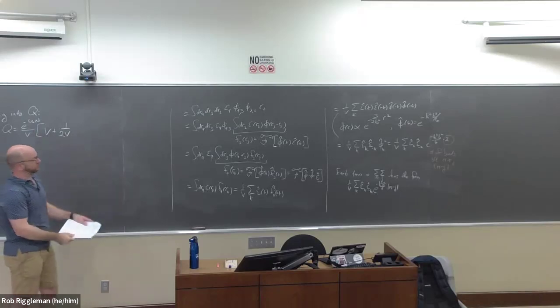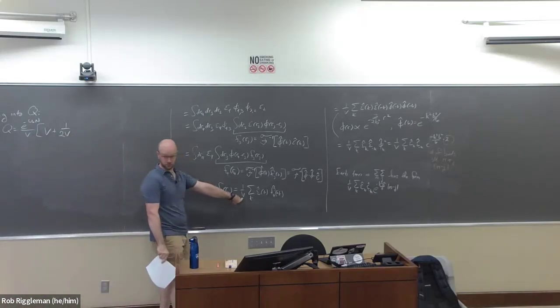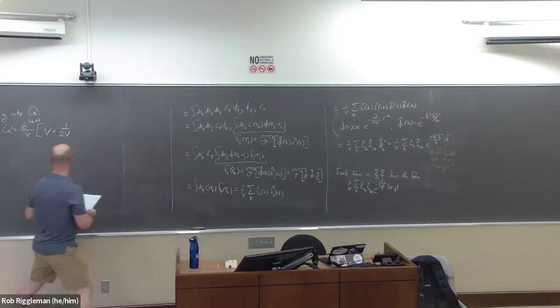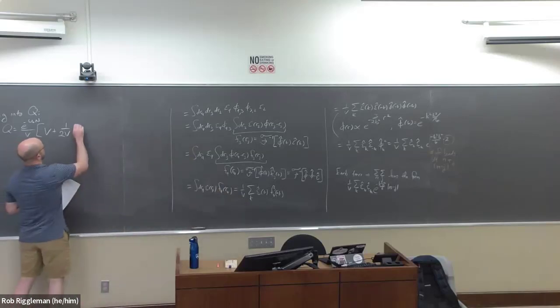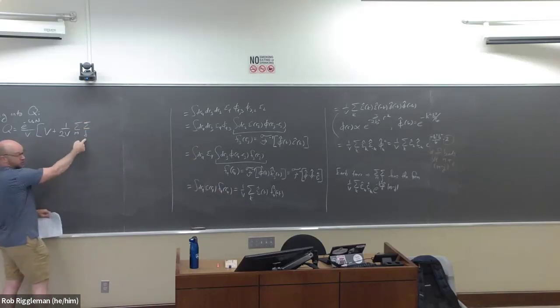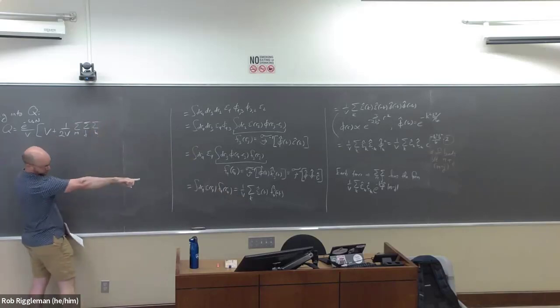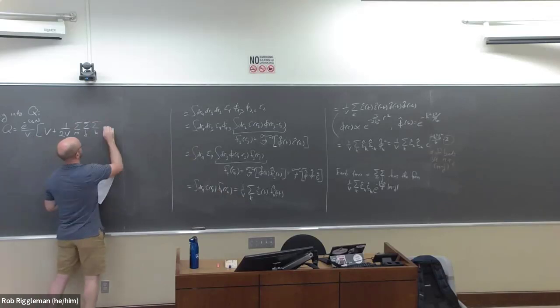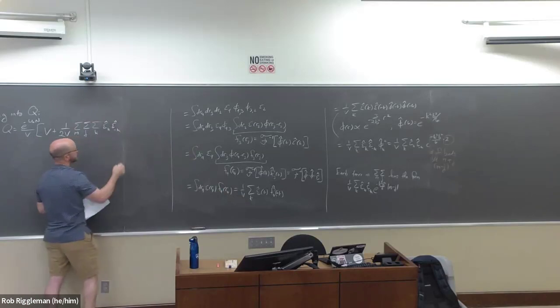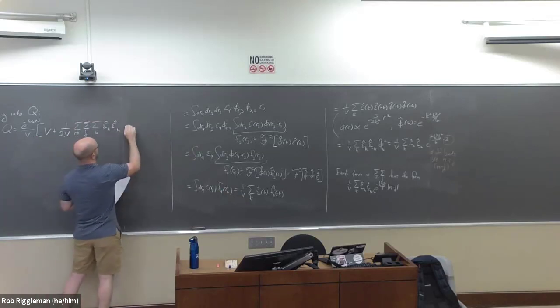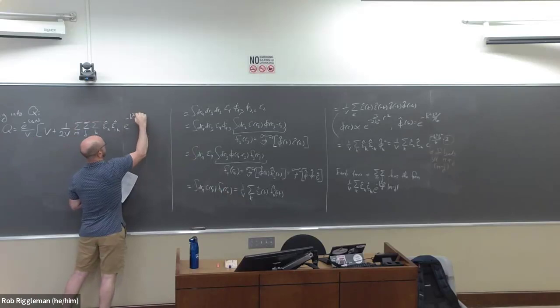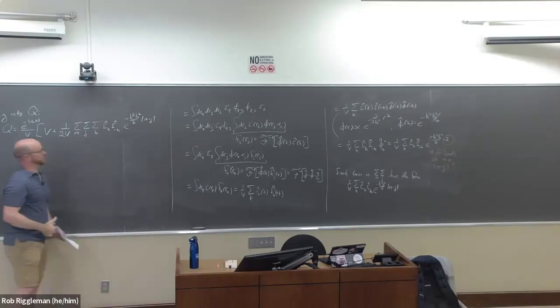We have a V in the denominator from the 1 over V from writing this in Fourier space. Then we have sum over M, sum over J, so we're summing over the pairs of monomers. And then we still have the sum over Fourier modes from over there. Epsilon hat K, epsilon hat minus K, e to the minus K squared, B squared over 6, absolute value of M minus J.